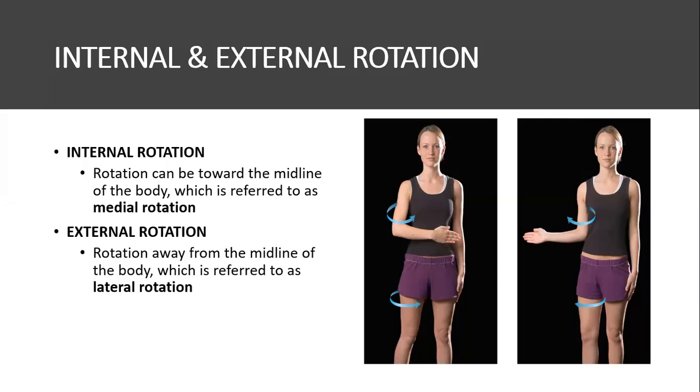Internal rotation can also be called medial rotation. Internal and medial are the same. If you take a look again at that same picture on the left, there's an arrow pointing inwards towards the midline on her leg. That's demonstrating internal rotation of her hip.